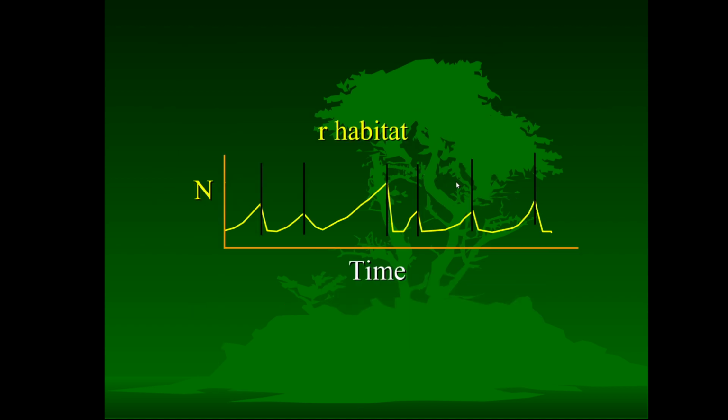So we have an R habitat in which we have density independent factors keeping the population at low density. So there's not selection for high competitive ability, but rather selection for fast, explosive reproduction, as soon as you can before a density independent factor comes in and wipes out your population.